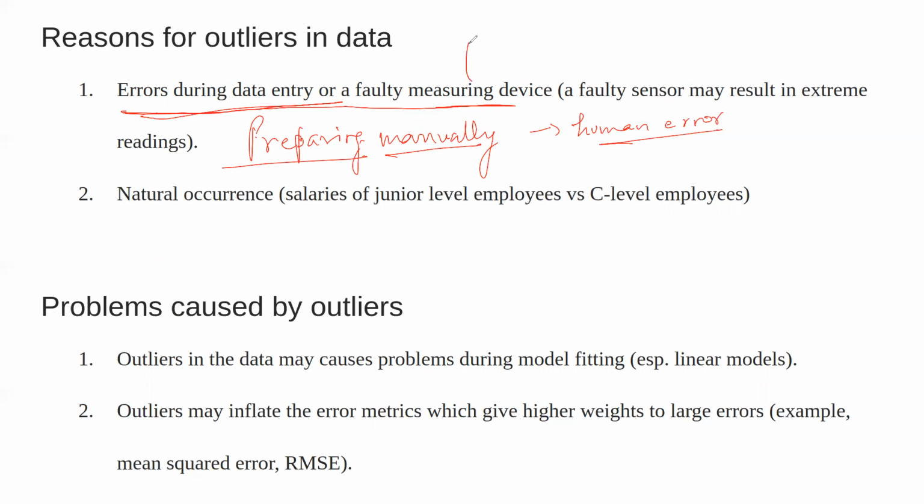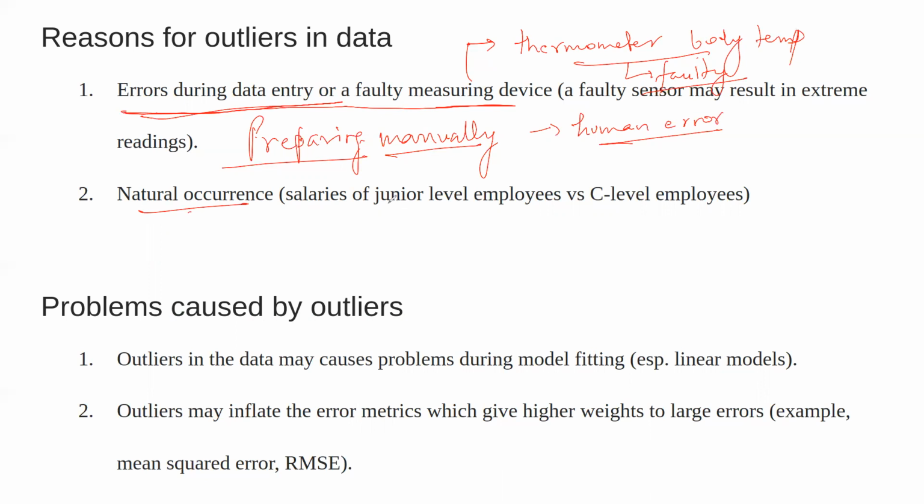Or let's say we are using some device to measure our data, for example a thermometer in the case of body temperatures. If the thermometer is faulty, we might have some observations which are extreme or can be considered outliers. Or they can be naturally occurring outlier data.